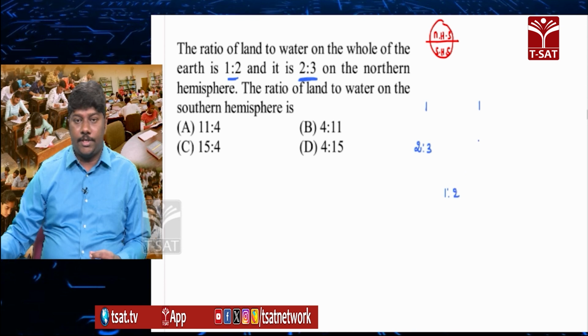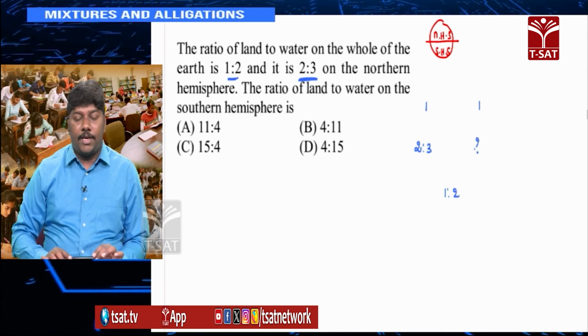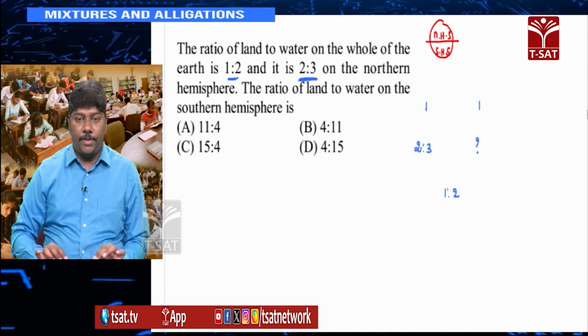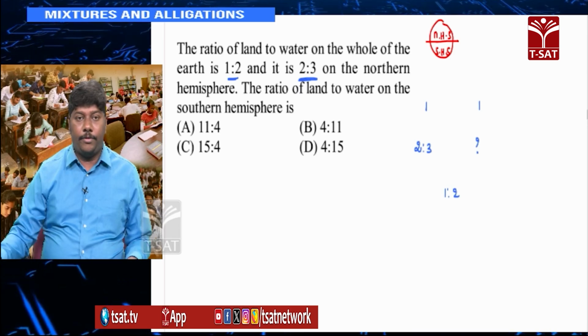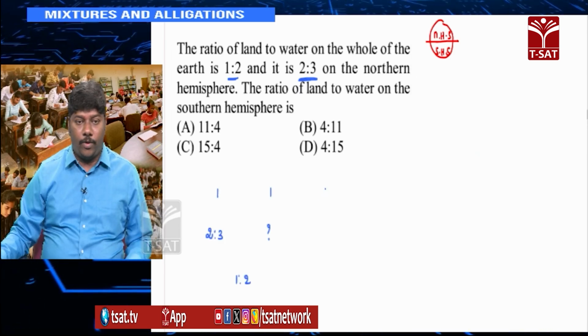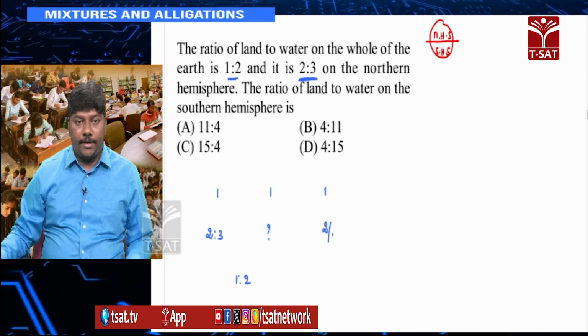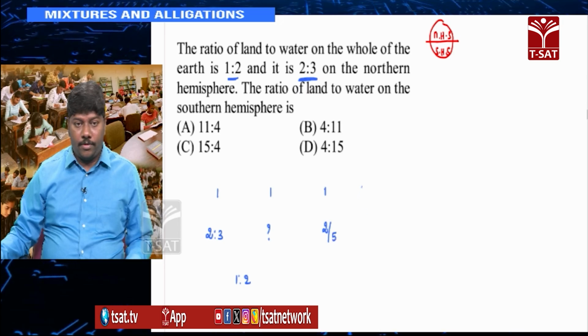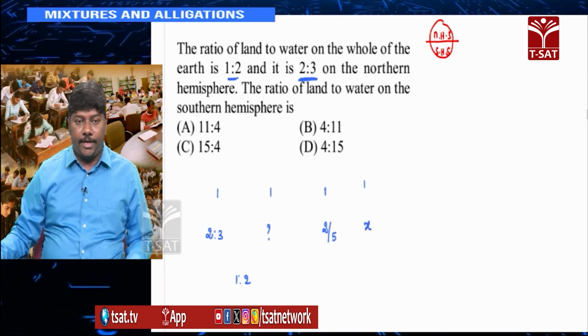Now what is this ratio he is asking you? What is missing here? Clearly A2 is missing. So first of all, I have to take a fraction here. It looks like 2 by 5, I am taking land. This I do not know, let it be x.